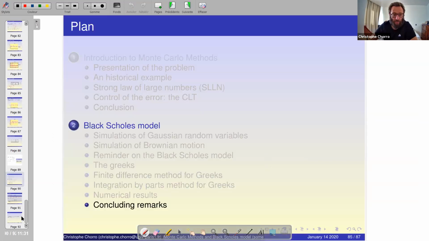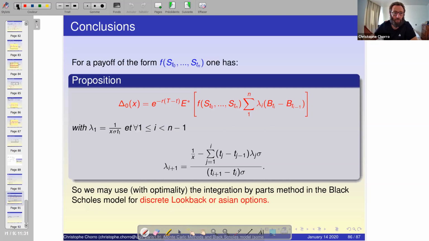And concluding remarks. I have done the job for something of this form in this course today, but I can do exactly the same for payoffs of this form. If the payoff is not just a function of the final value of the risky asset, but a function of a finite number of values of the risky asset, I obtain this kind of formula for the delta, that you can try to do at home by yourself.